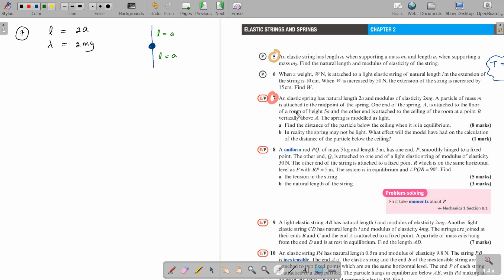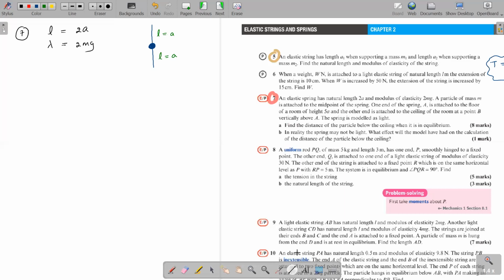A particle of mass m is attached to the midpoint of the spring. One end of the spring, A, is attached to the floor of a room of height 5a, and the other end is attached to the ceiling of the room at a point B, vertically above A. Can you picture what's happening here?